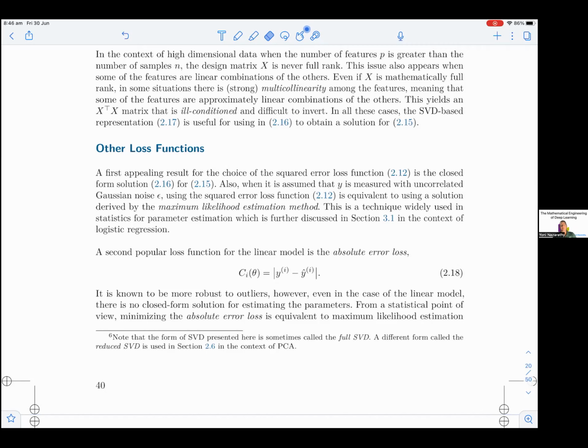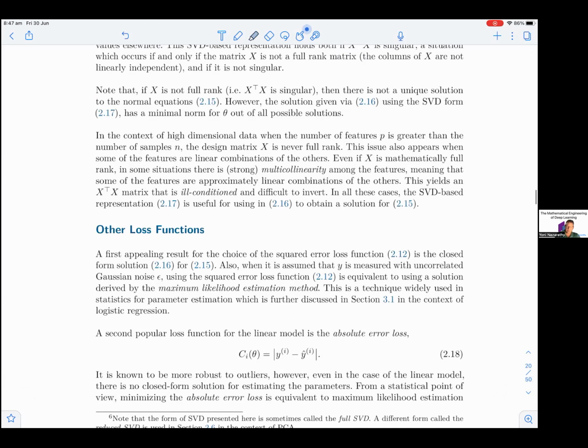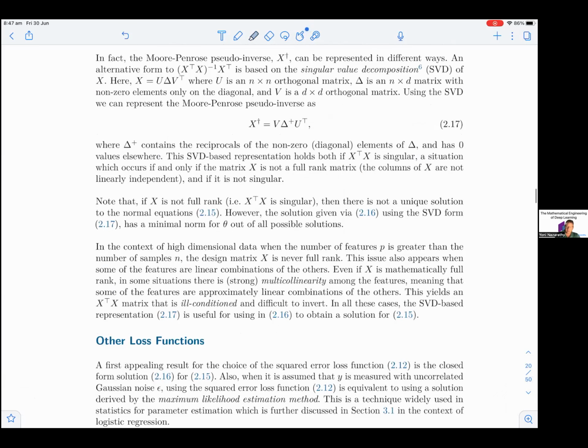So even if X is mathematically a full rank matrix, maybe it's practically close to not being full rank because of multicollinearity. And this will yield an X transpose X, the Gram matrix, that is ill-conditioned and difficult mathematically to invert. In all these cases, the SVD-based representation 217 is useful for using 216 to obtain solution 215. So then you can use the SVD representation.